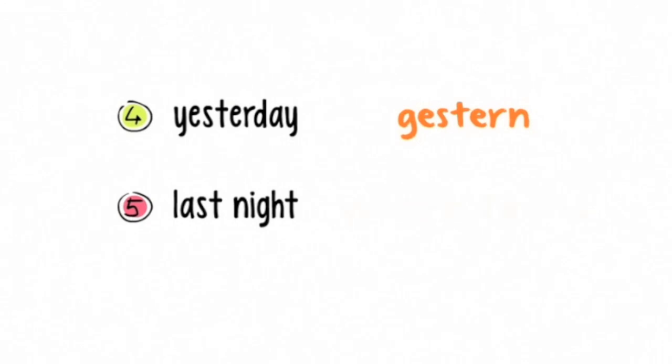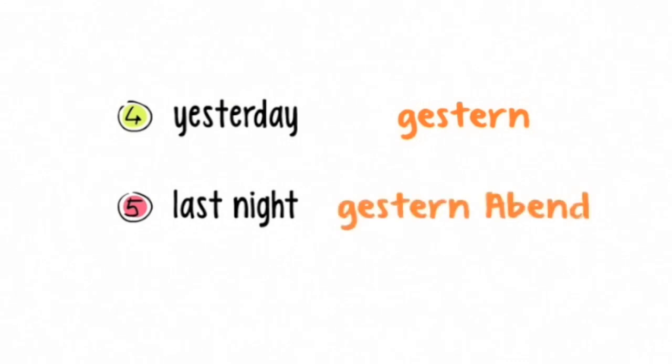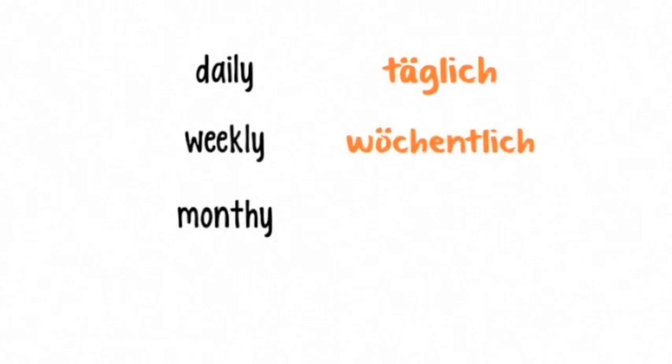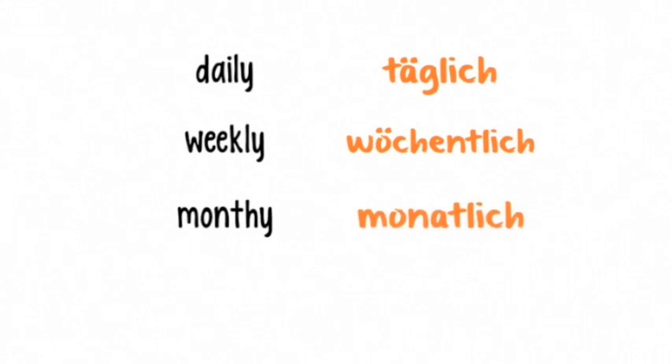Last night, gestern Abend. Gestern, Abend. Let's have a look at how to say daily. In German we would say täglich, weekly, wöchentlich, monthly, monatlich, and yearly, jährlich.